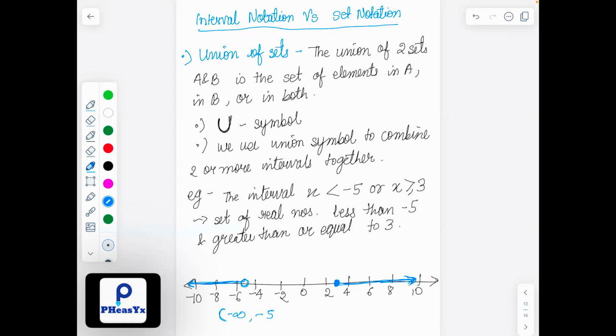Since x is less than -5, so minus infinity to -5, where 5 is not included, union 3, 3 is included, so we are using a square bracket, 3 comma infinity. So in this way, we are expressing the above intervals in interval notation. I hope this is clear.